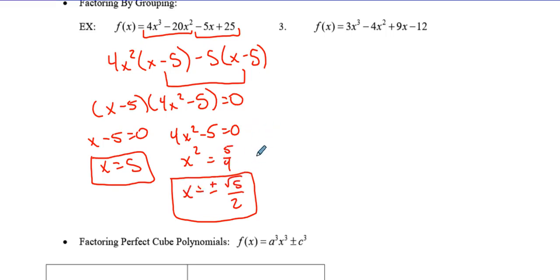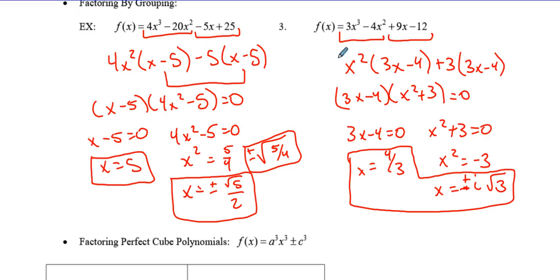If not, we'll probably be able to accept this for this unit until we get to, again, the radical unit. But this would be the simplified version. All right, so go ahead and pause the video and attempt to factor by grouping for number 3, and then come back and check out the answer.